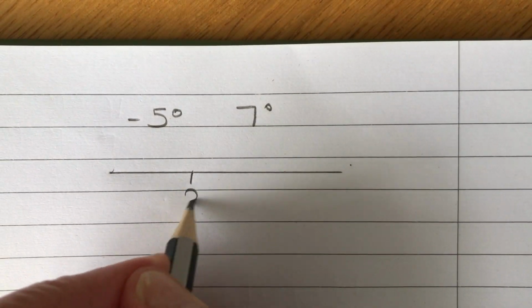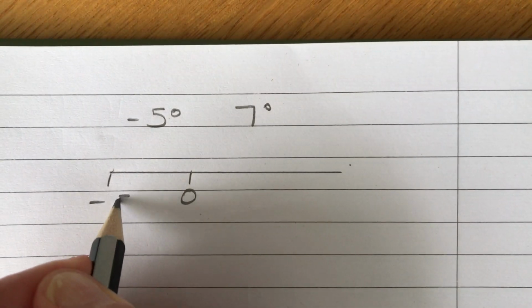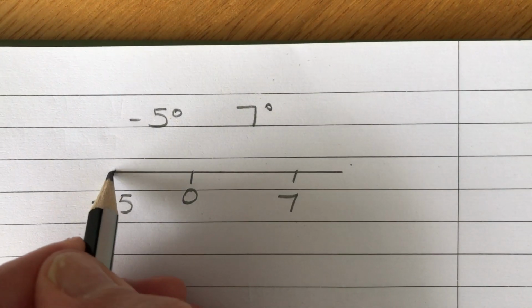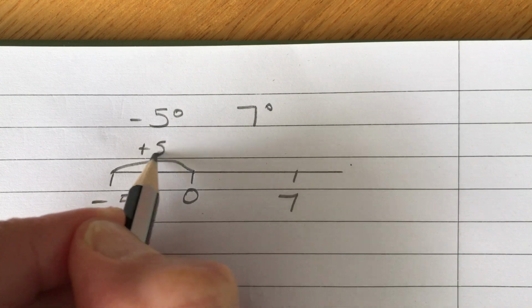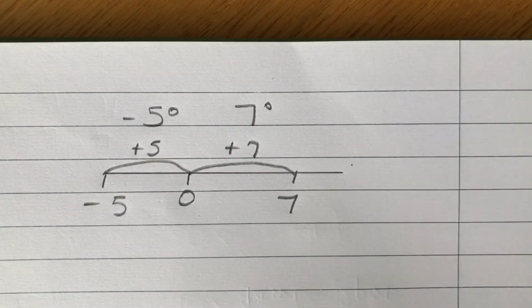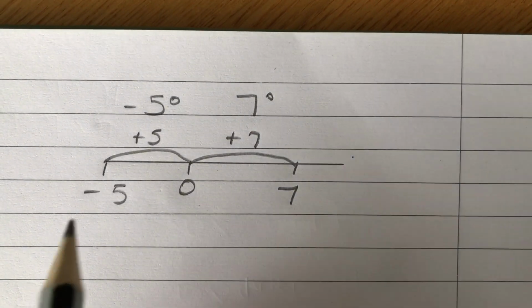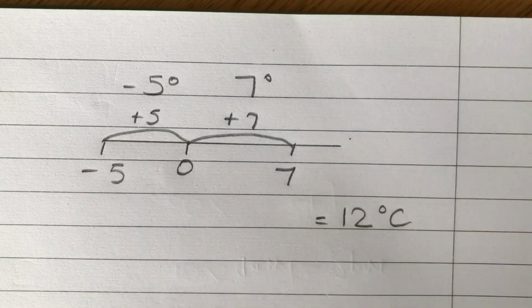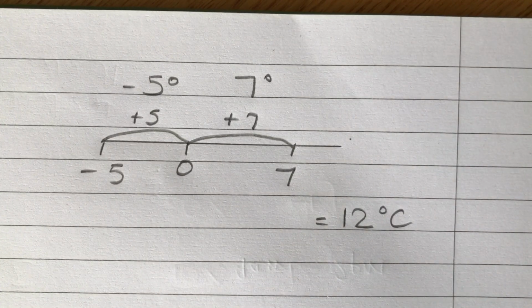So I've got my 0, I've got -5, and then I've got 7. So the difference is 5 to take me from -5 to 0, and then 7 to take me from 0 to 7. So the difference equals 12 degrees C. So that's my answer there.